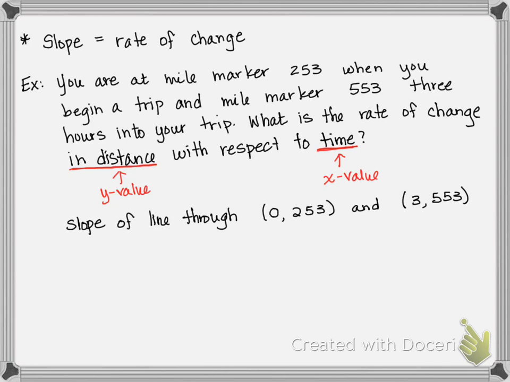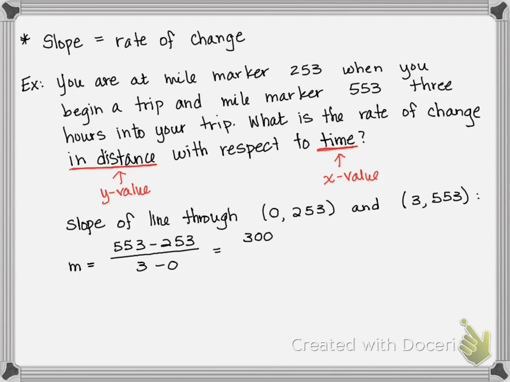And so we've got our x values and our y values. And now we're just finding the slope. So 553 minus 253 over 3 minus 0. That gives me 300 what?